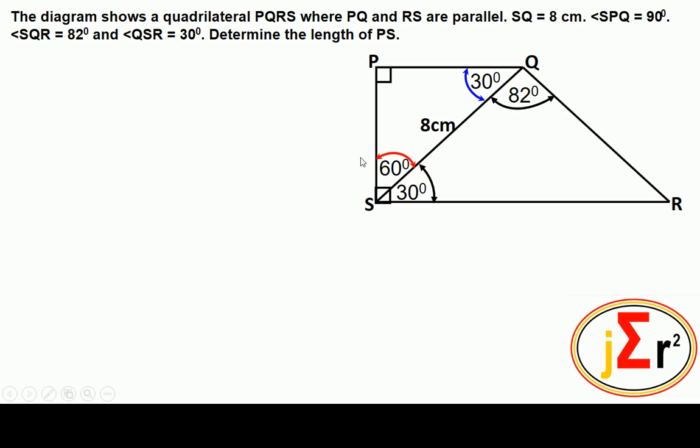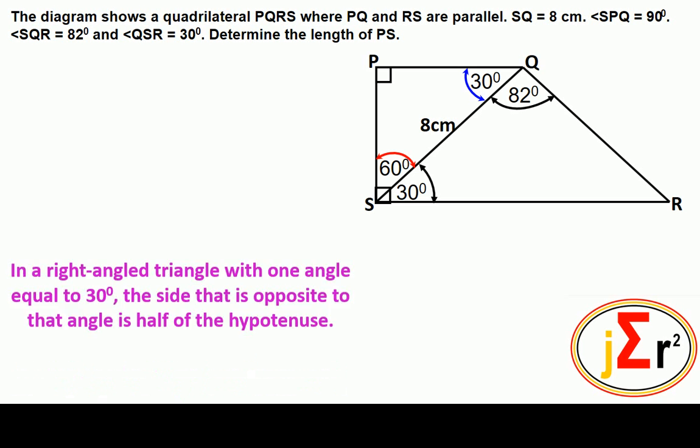Notice that this triangle is a right-angled triangle, and we know the trigonometric qualities of a right-angled triangle, meaning that we may use Pythagoras theorem or we may use the trigonometrical ratios.